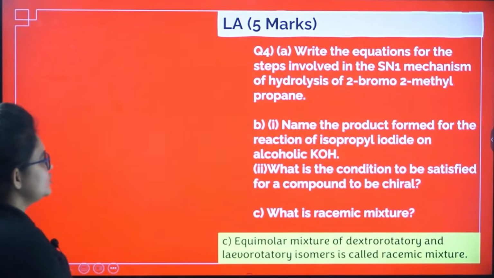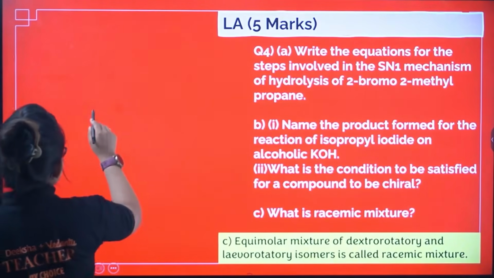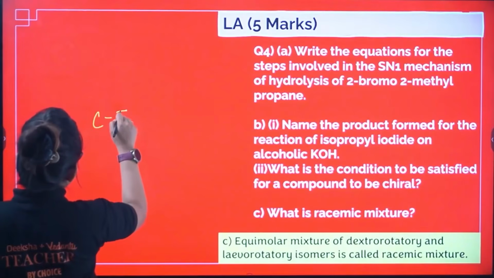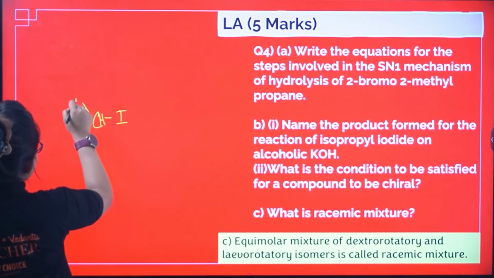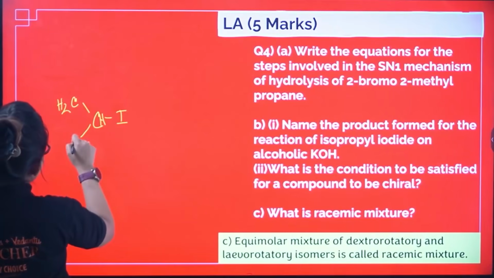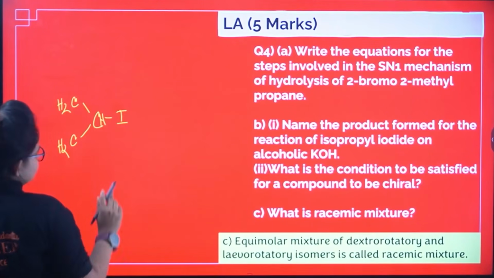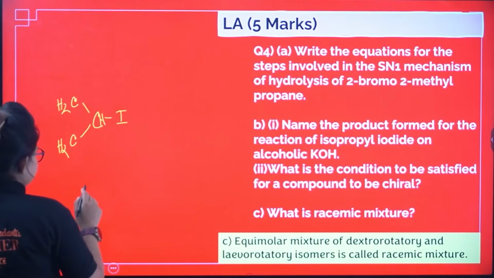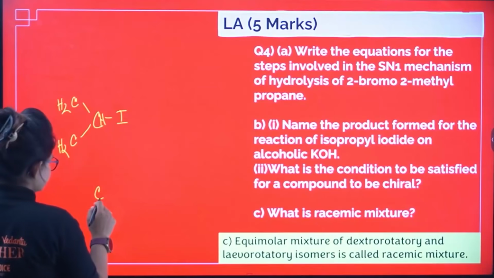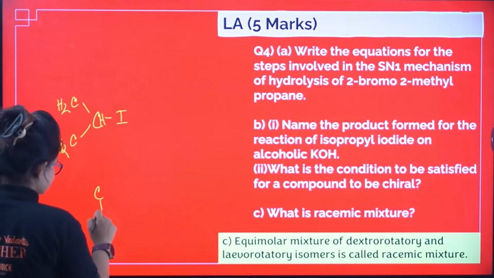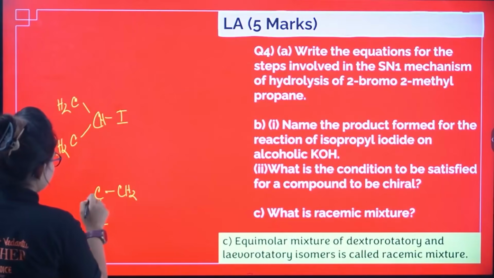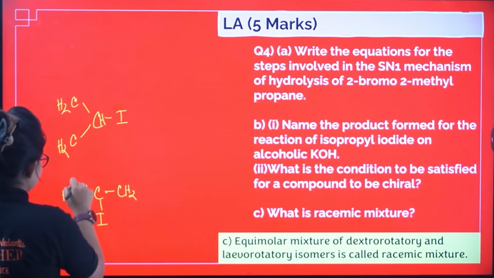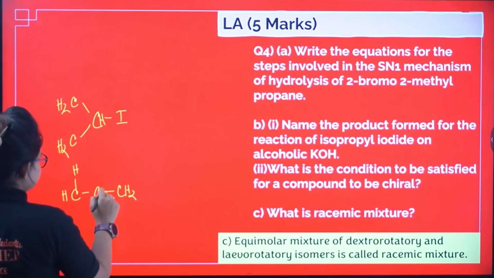Okay, so let me show you this isopropyl iodide. This is your isopropyl iodide, right? So if I just write it in this way, I can write it in this way, right?